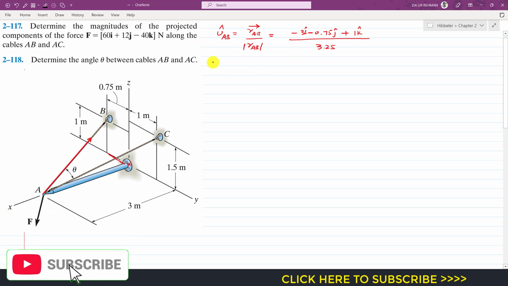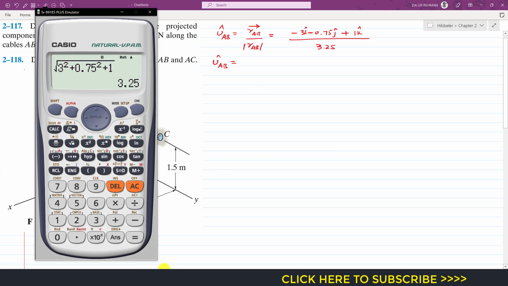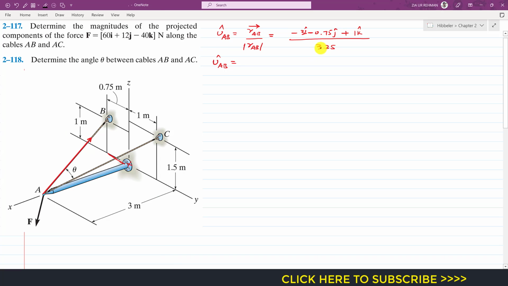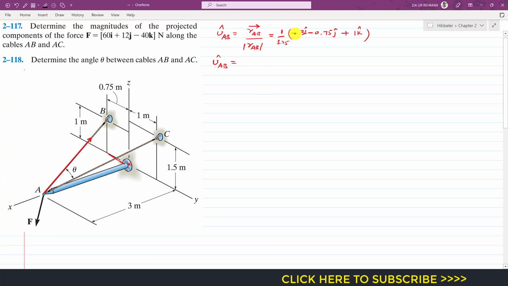So the unit vector UAB is equal to 1 divided by 3.25 multiplied by this position vector. So this is 1 divided by 3.25 multiplied by minus 3, which gives minus 0.923i.